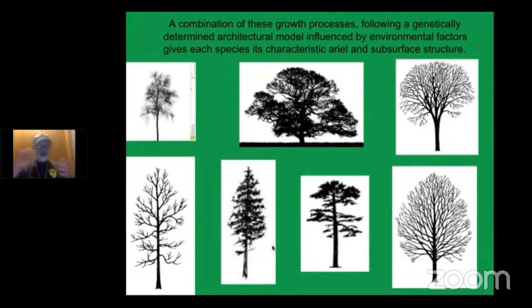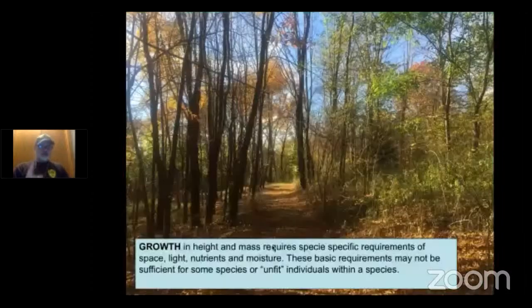And of course, growth in height and mass, we've seen this slide a number of different times, requires specific requirements of space, light, nutrients, and moisture. Now think about that. We can manipulate the space that each plant has by adding more trees to the space, so we're taking more space up with trees, or by removing trees, either by digging them or cutting them with a saw.